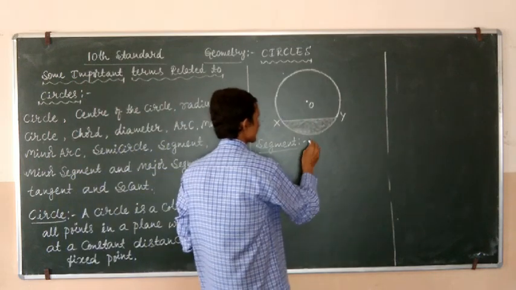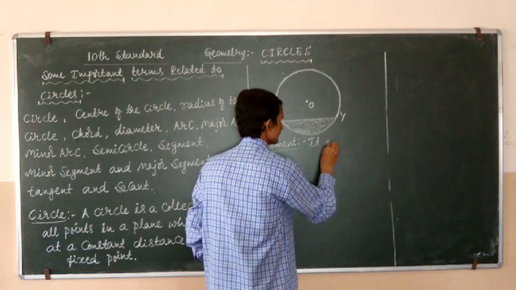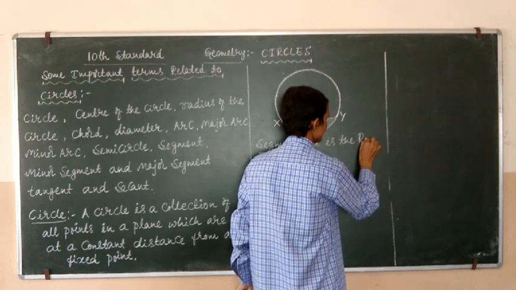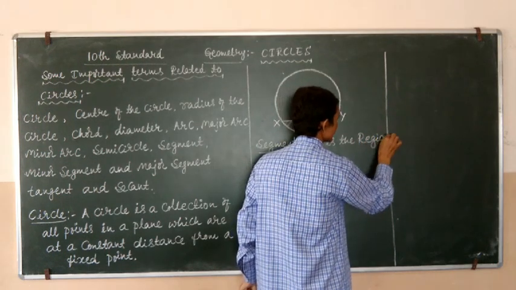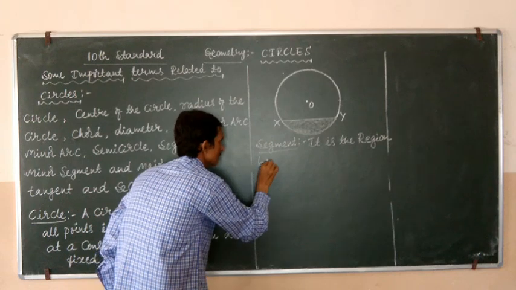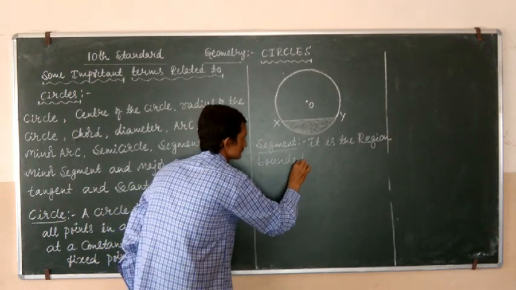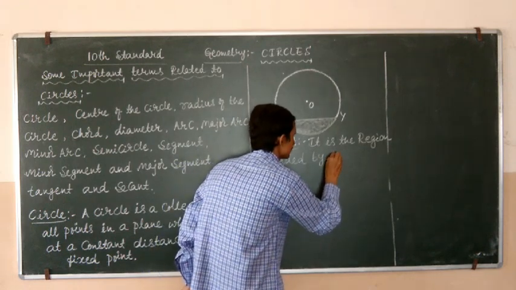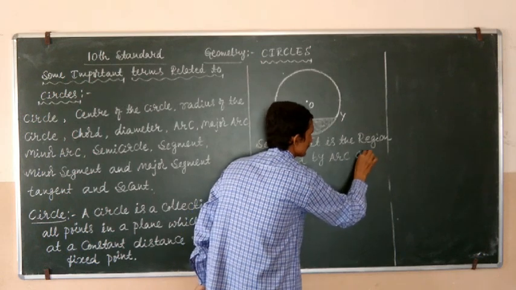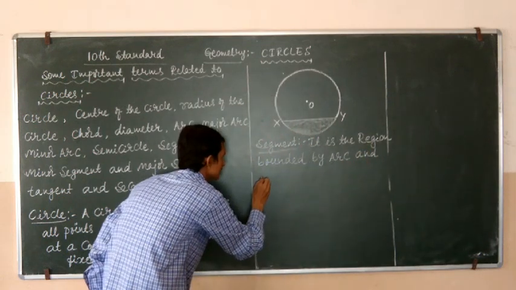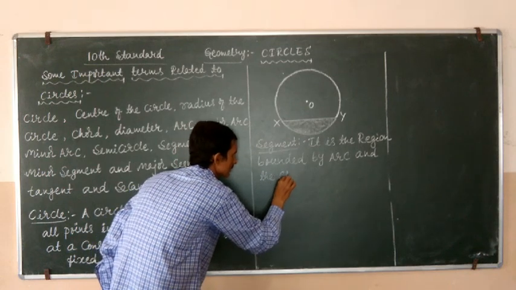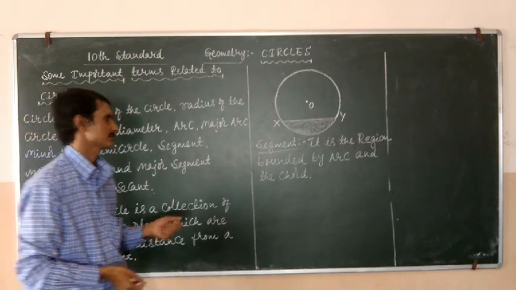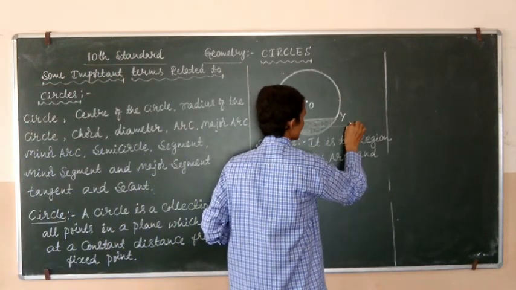Therefore, segment means it is the region or area bounded by an arc and the chord.